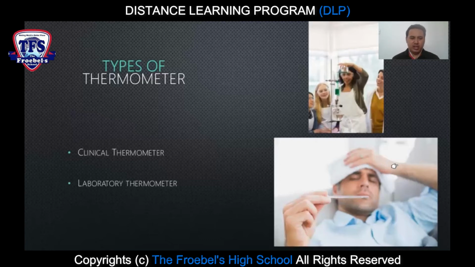The conclusion is that we can use a mercury thermometer for measuring higher temperatures, and we can use an alcohol thermometer for measuring lower temperatures, like the temperature of gases and different kinds of freezing liquids below minus 50.